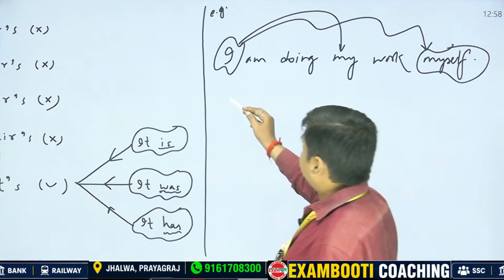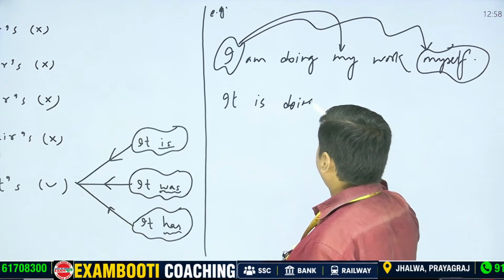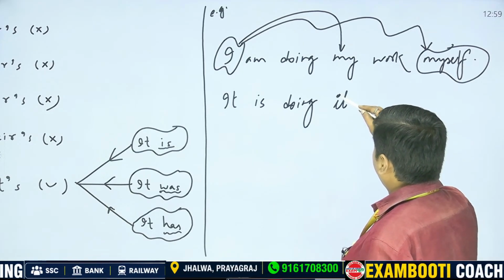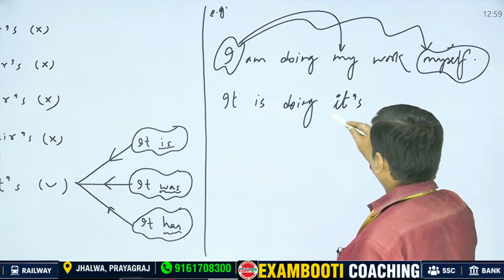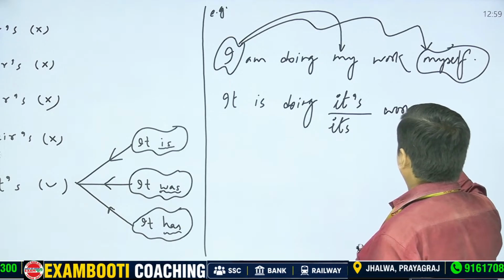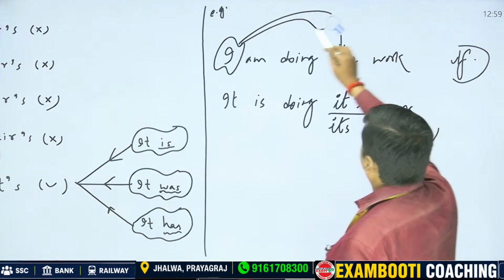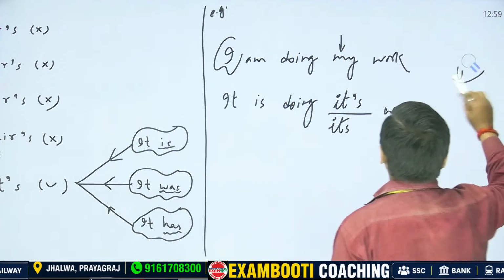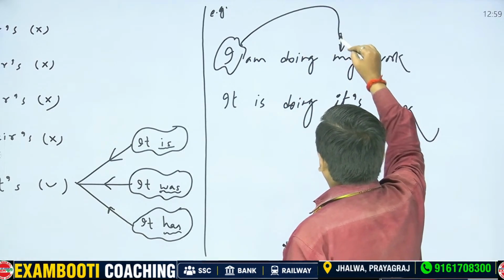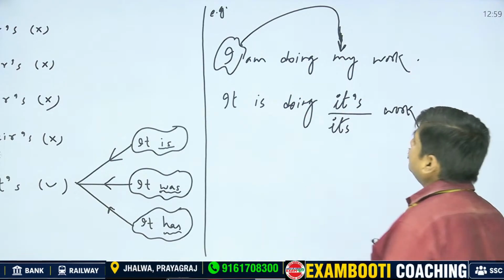Now, suppose there is it is doing. Here, this it's or this its work. There is no need to write the long version because we are now in the word my. So I am doing my work.